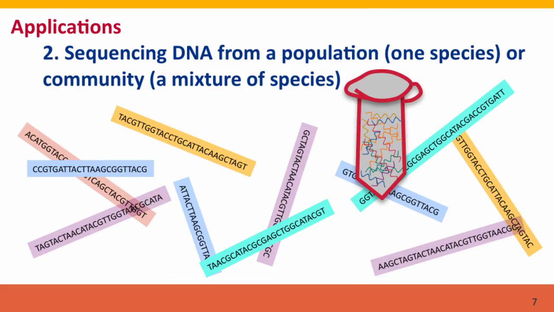A second application is that rather than sequencing one genome, we can sequence a mixture of DNAs from different sources: DNAs from all the members of a population, or from all the species in a community. For instance, you can scrape the bacteria off your teeth and extract the DNA from this mixture of bacteria and sequence it.